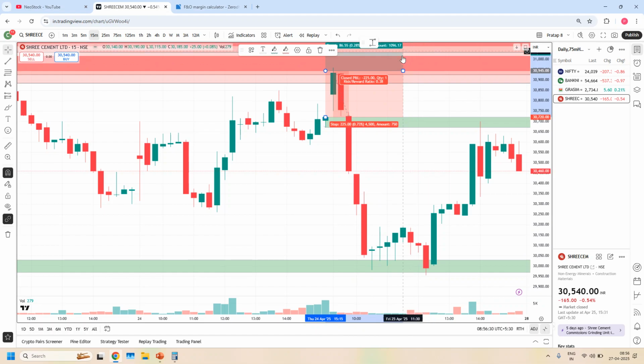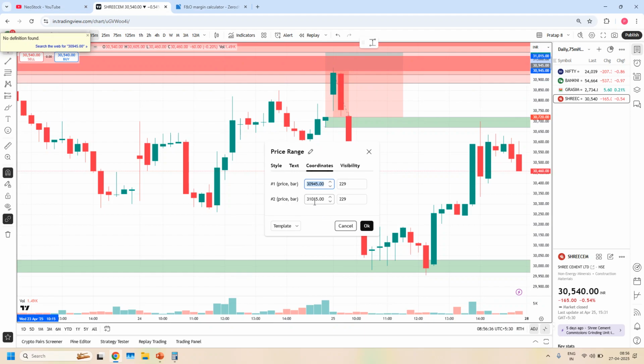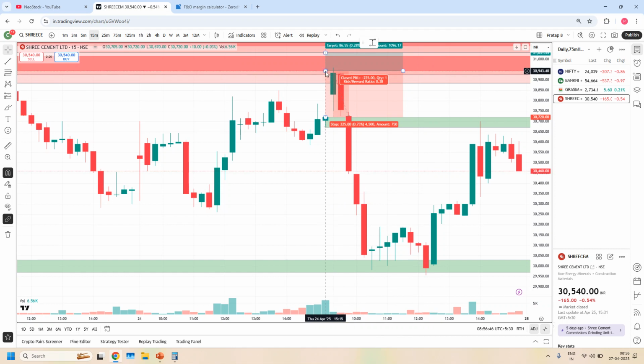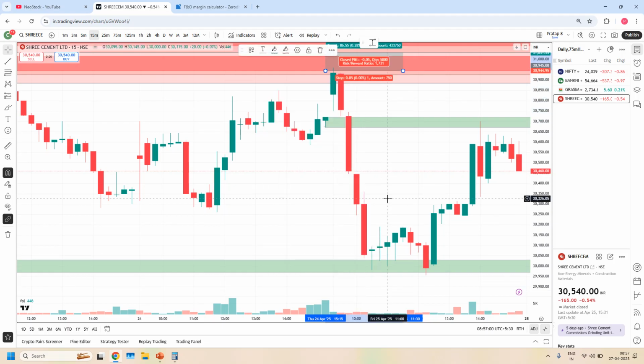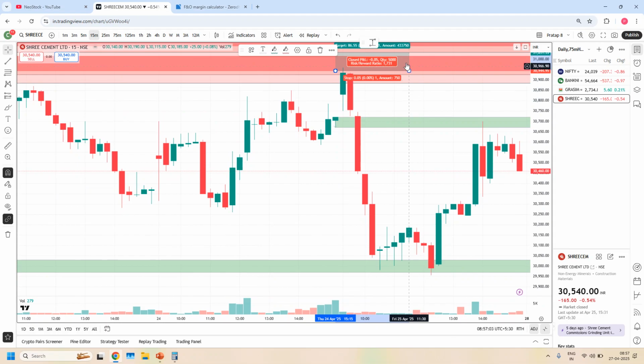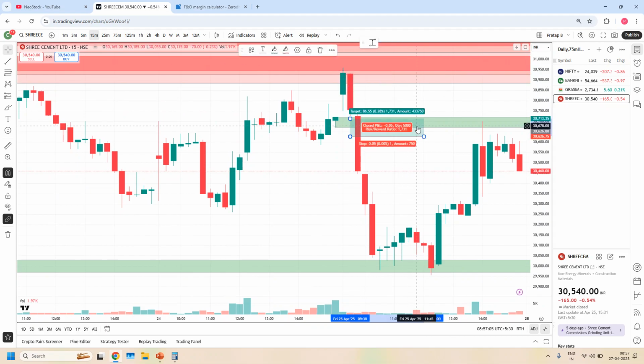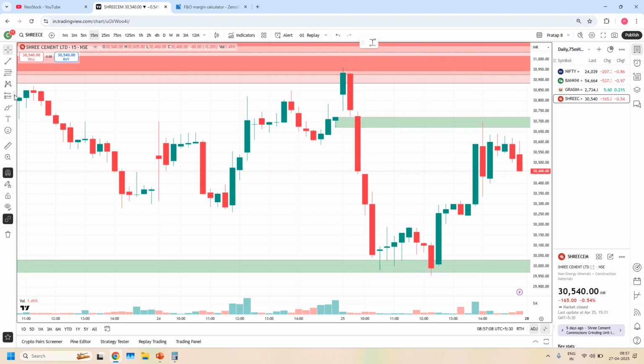Sorry, something is wrong. Your stop loss will be 31,040. I think I selected a wrong tool. Sorry. Did I select a long tool here?